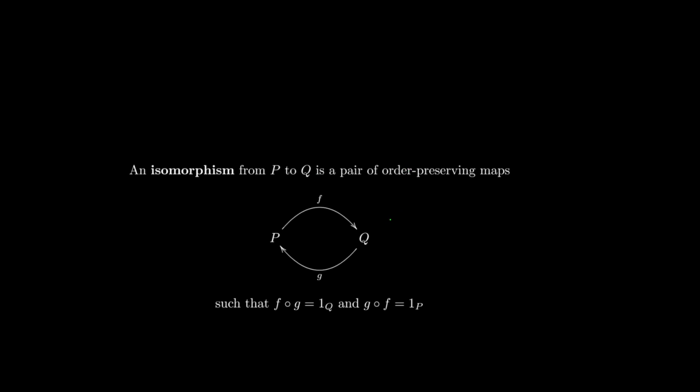Okay, so what is the concept? The concept is that the partially ordered set P is going to be isomorphic to the partially ordered set Q if we can find two maps, namely one going from P to Q, that's the F here, and then another one going from Q to P, let's say G, and they have to satisfy these equalities.